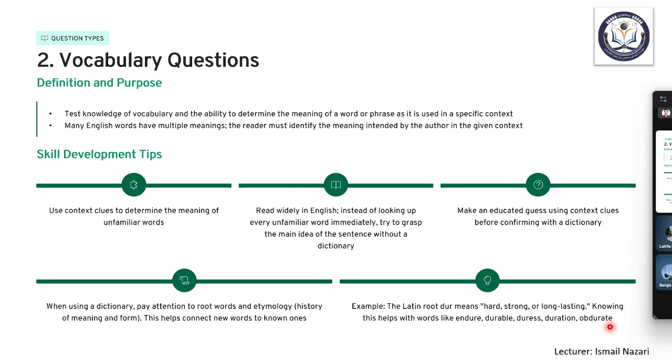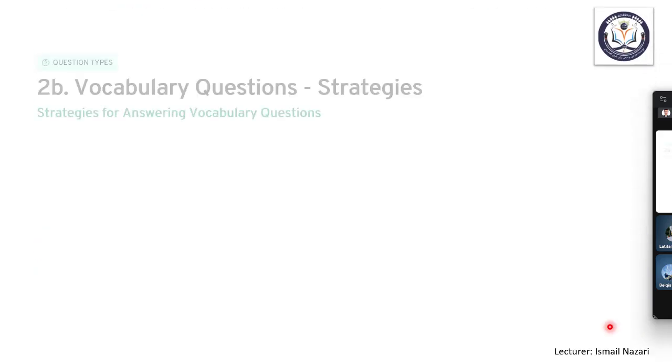We can pay attention to the roots, the etymology of the word, and then connect them to the ones we know already. So these are the common development tips that we can use.